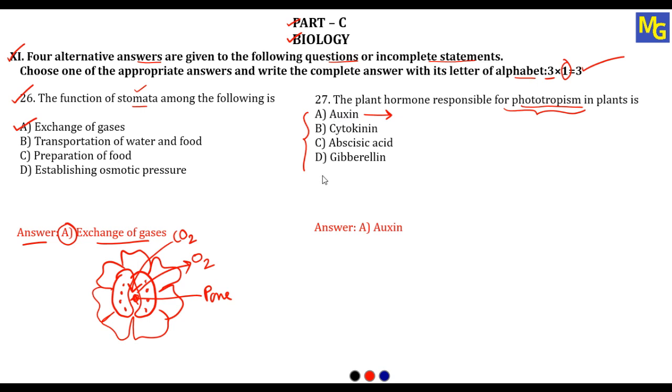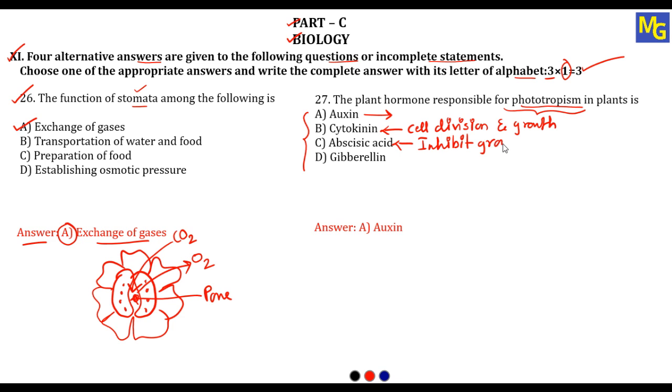If you see cytokinin, it helps in cell division and growth. I'll write it here. What about abscisic acid? Abscisic acid helps to inhibit the growth. Inhibit means it prevents the growth.